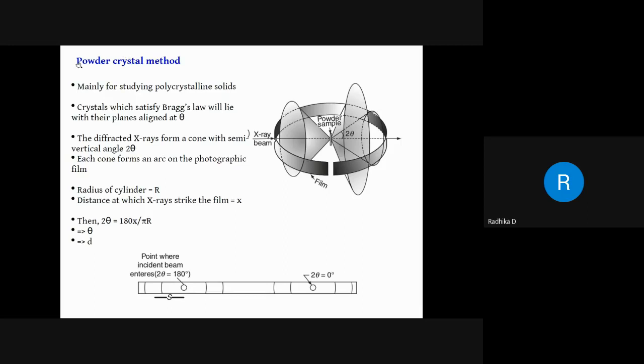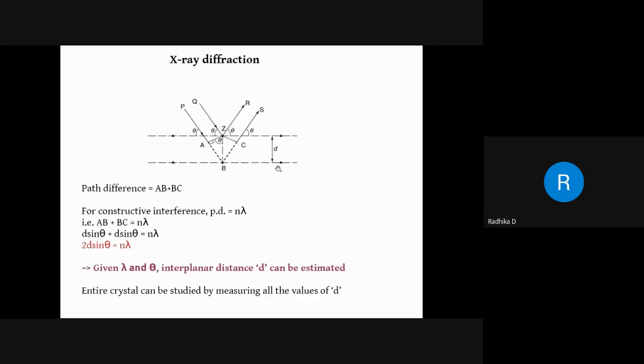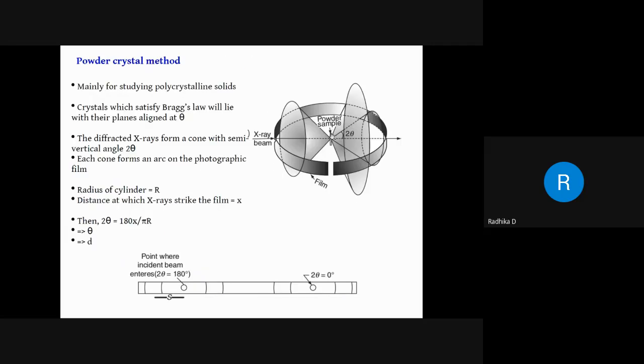One of its applications which you have to learn is the powder crystal method. Here you have powdered form of crystals, multiple crystals you have taken. X-rays fall on the crystals. The majority of them will undergo X-ray diffraction, like how you understand it here, and after constructive interference, those rays go in a conical shape and fall on a photographic film.